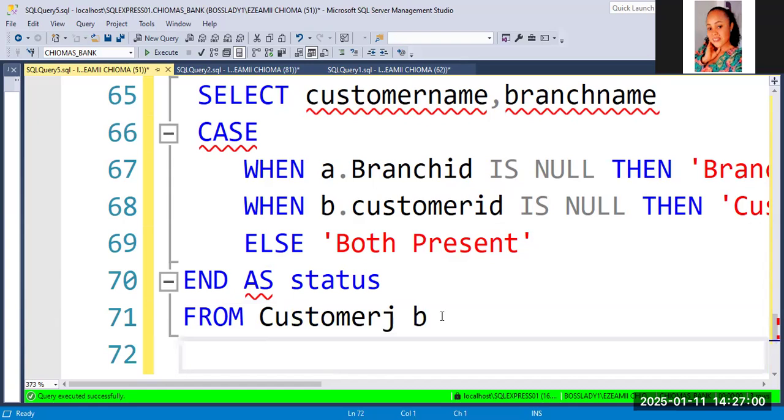I normally want my first table to be A so that I don't get confused along the line. Sorry, we'll use full outer join because you want all the information.